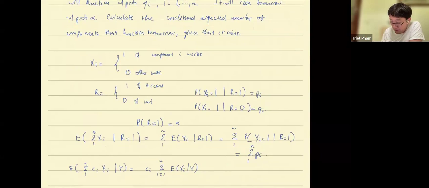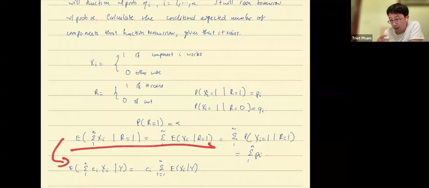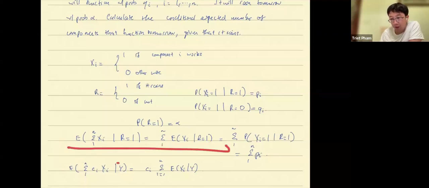Second of all, that highlights the fact that conditioning is like the regular distribution. Conditional expectation is linear, just like the regular expectation is linear.